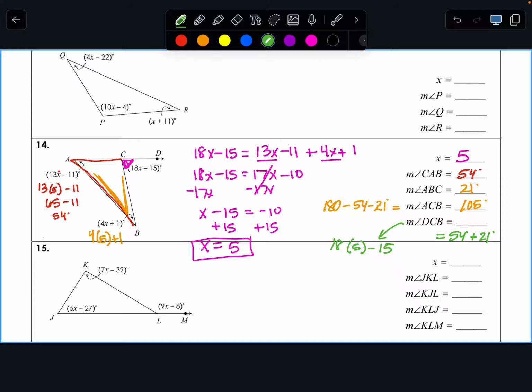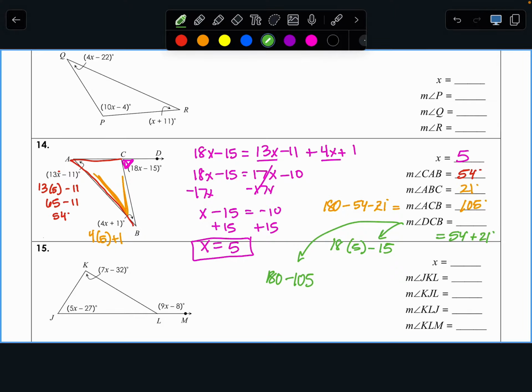And I can say that it equals 180 minus 105. All of those should give me the same number. So there's 3 different ways to find that last angle. It doesn't matter which one you choose. It just matters which one you see and that you show me how to do it.